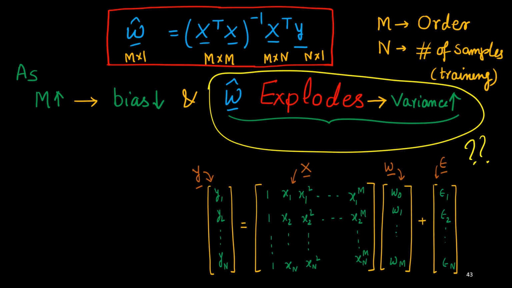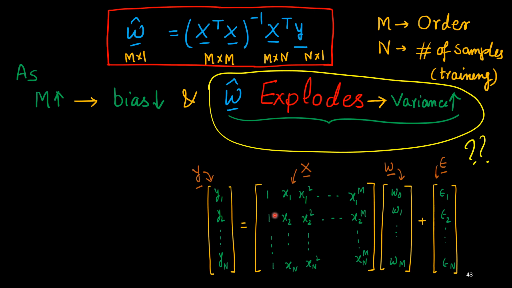Now consider this model. So you see, this is y1 to yn. These are your dependent variable vectors, this is your capital X matrix, this is your w vector, and this is your epsilon vector, the error vector, right?